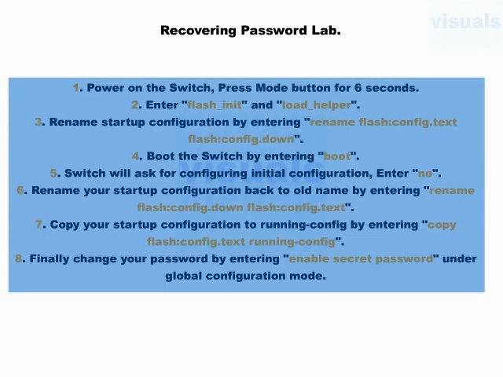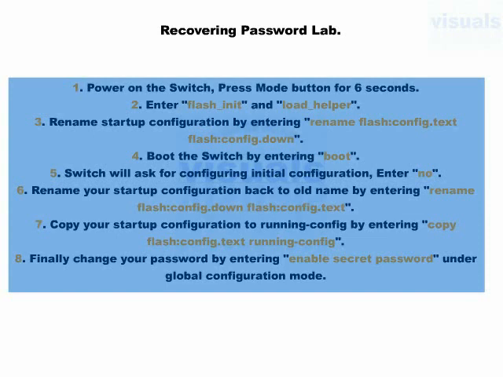Now you will get user exec mode. Go to privileged exec mode and rename your changed startup configuration, config.down, back to config.txt. Now copy your startup configuration to running configuration by entering copy config.txt to running-config, and things are almost done.